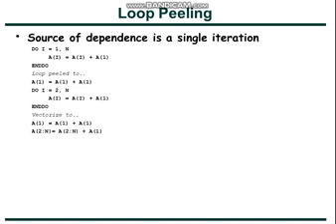Then in the third iteration a of 3 is calculated by using a of 3 plus a of 1. So you can see here that in every iteration from 2 to n, you are using a of 1 which is calculated in the first iteration.